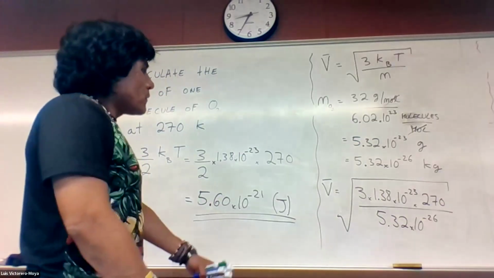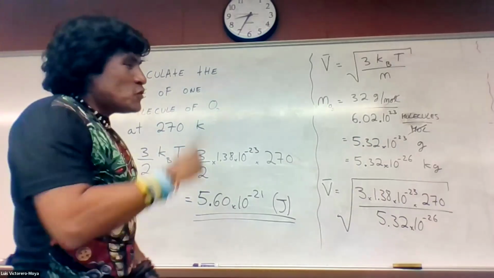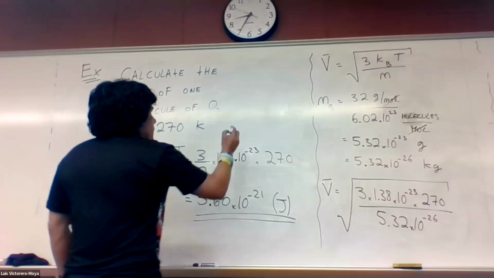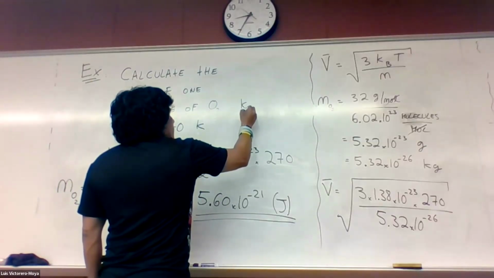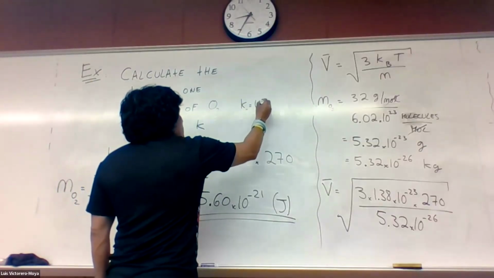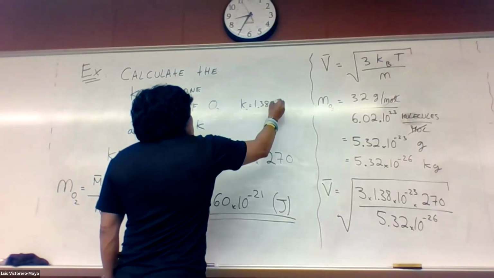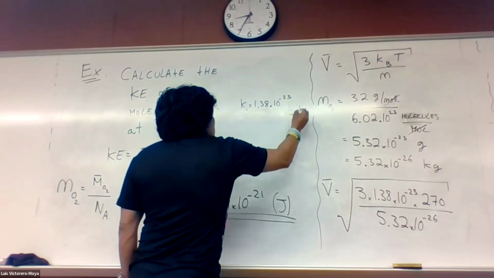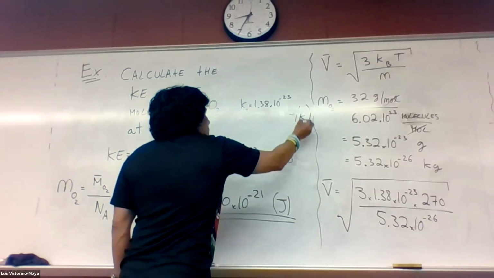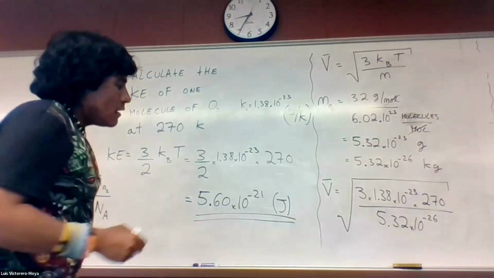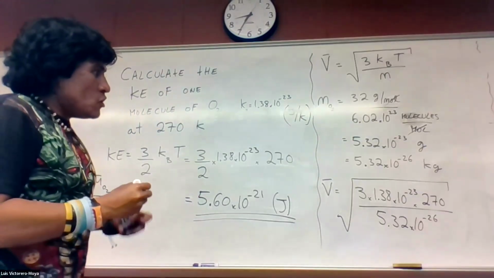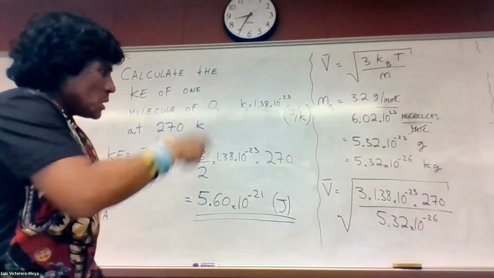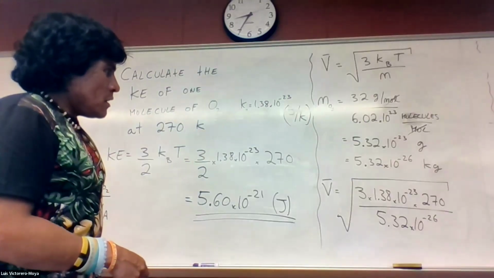Yeah, because the Boltzmann constant is joules per Kelvin. So the Boltzmann constant, by the way, guys, k_B, is 1.38 times 10 to the negative 23 joules per Kelvin. So I need my mass in kilograms.